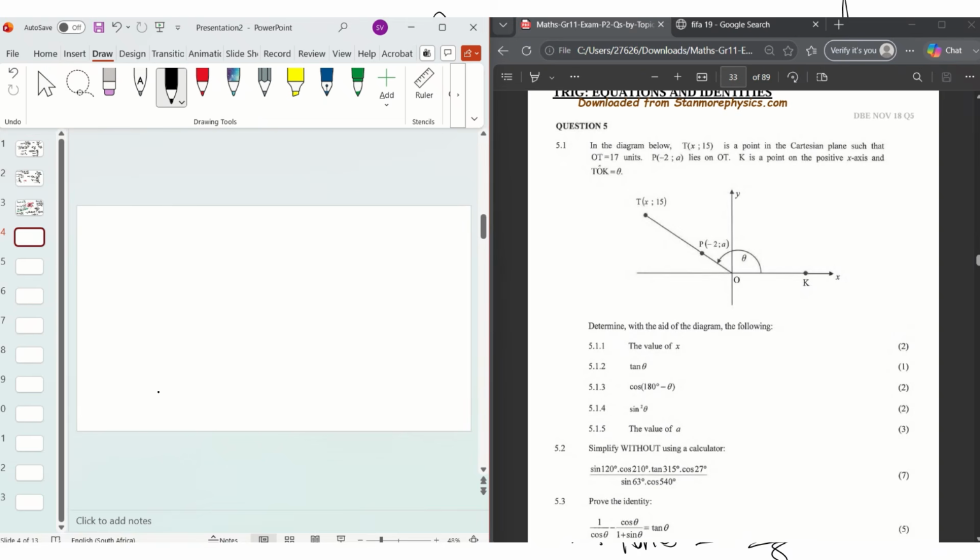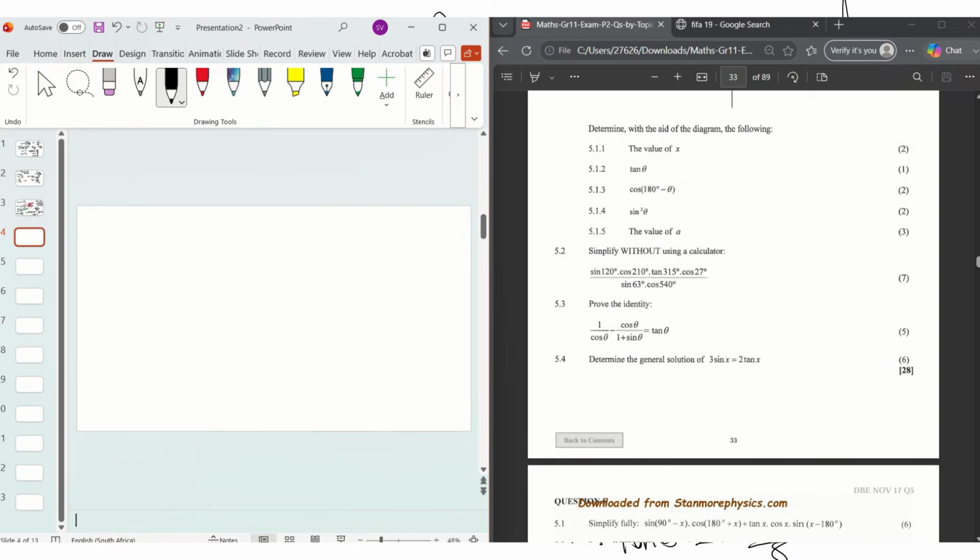5.2 is saying simplify without using a calculator.